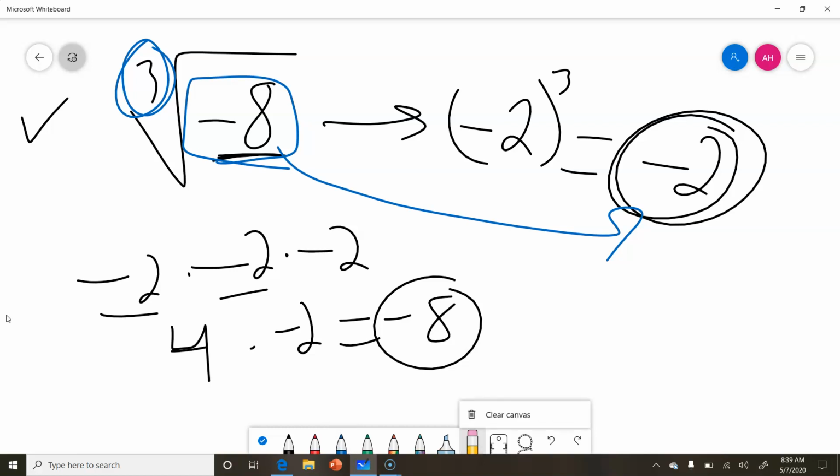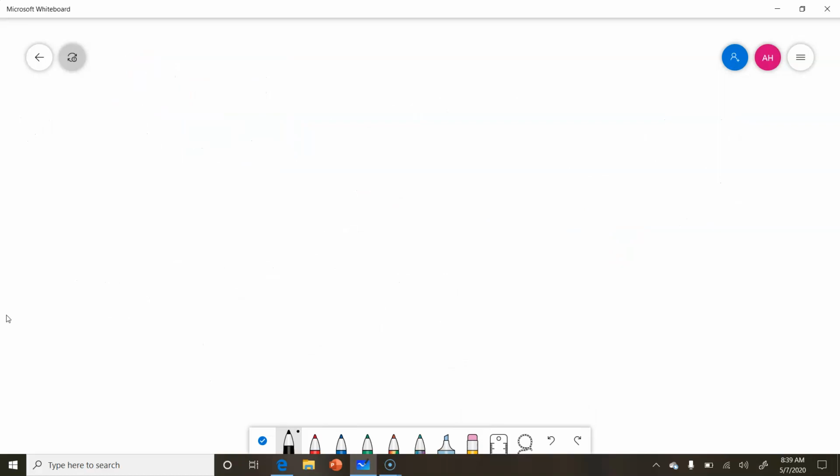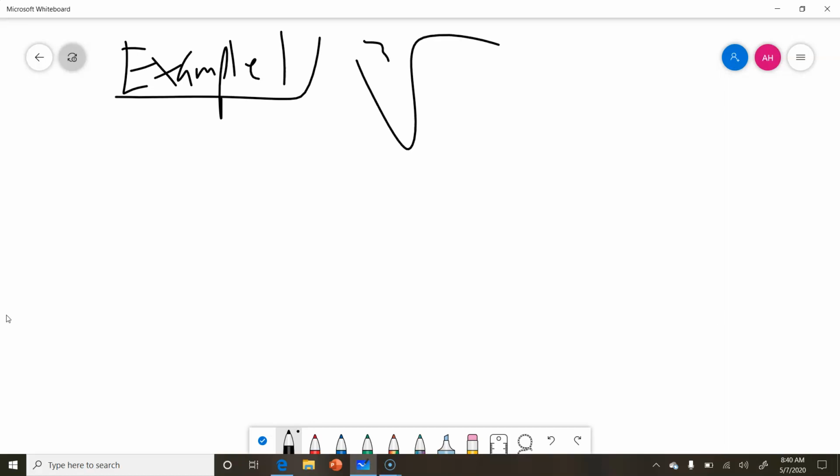Let's look at example 1 here. They have, what is the cube root of 125?